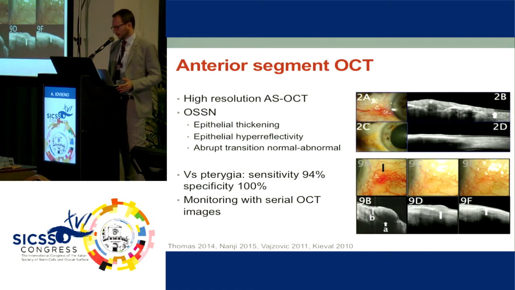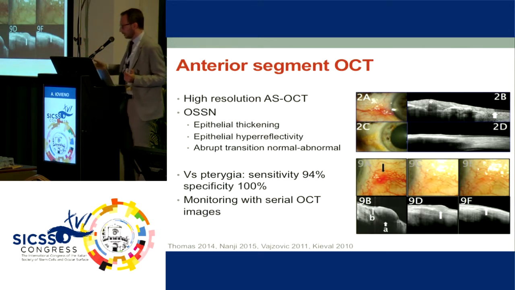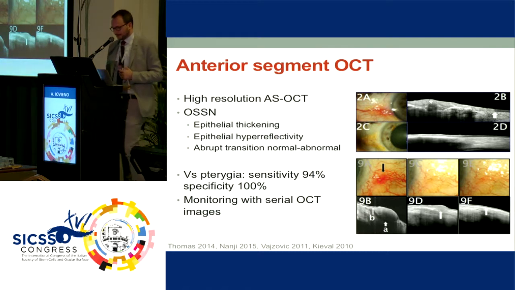So recently, the OCT of the anterior segment has become available. Several papers have been published on this, identifying some typical features at the OCT, like the epithelial thickening, hyperreflectivity of the epithelium, and this abrupt transition from normal to abnormal.